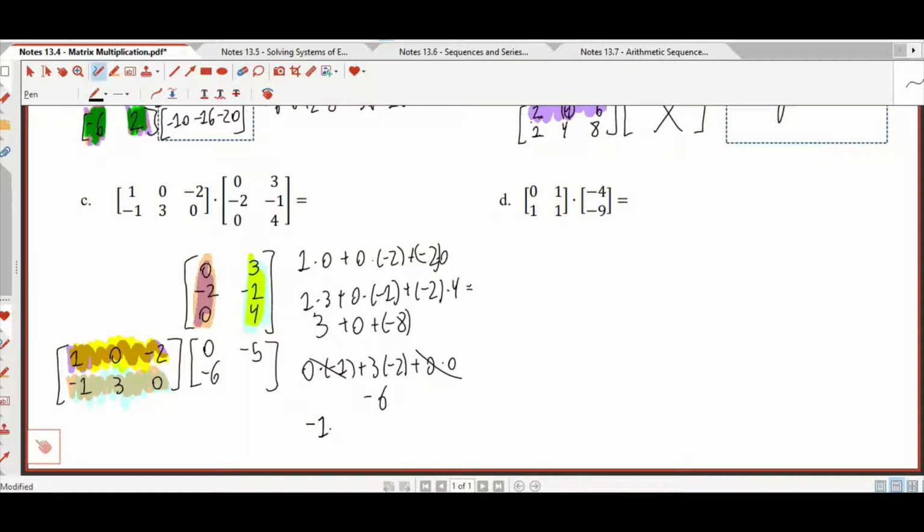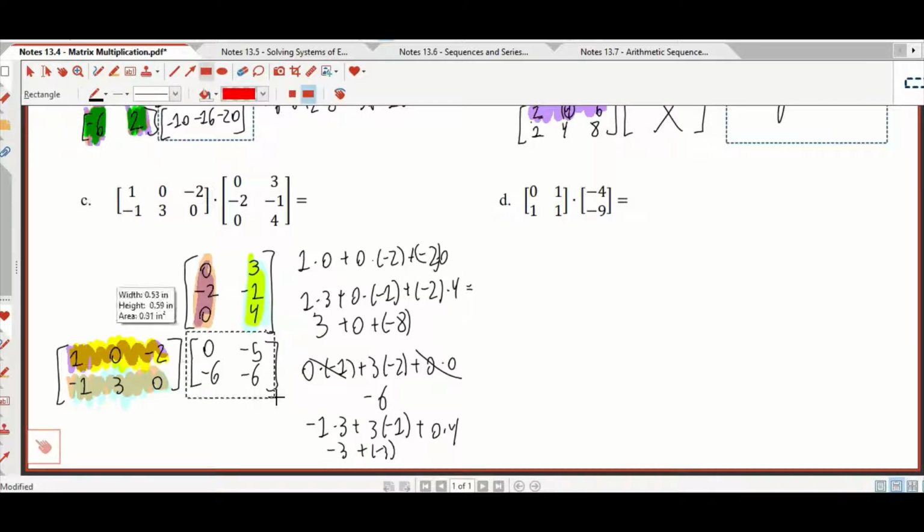So negative 1 times 3 plus 3 times negative 1 plus 0 times 4. Negative 1 times 3 is negative 3. 3 times negative 1 is negative 3. 0 times 4 is 0. Negative 3 plus negative 3 is negative 6. There's our resultant matrix.